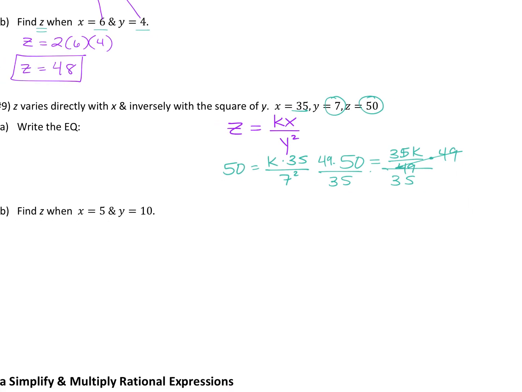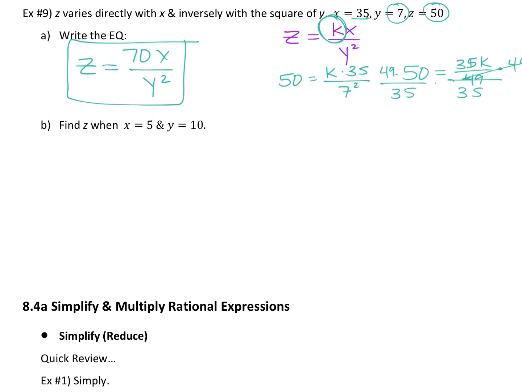So z equals 70 times x divided by y squared. So when they say write the equation, you need to plug a k in, but everything else should be variables, okay? That's your equation. So you're always going to drop the k back into that first purple one there. And then it will say find some variable when your other variables equal these numbers.